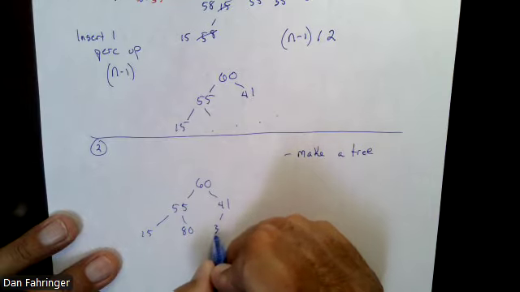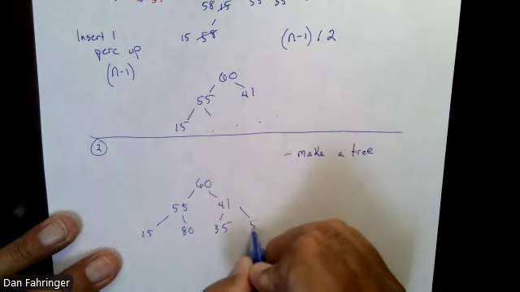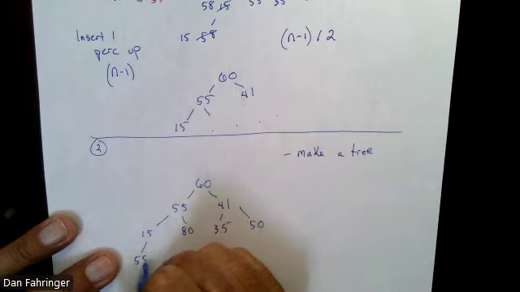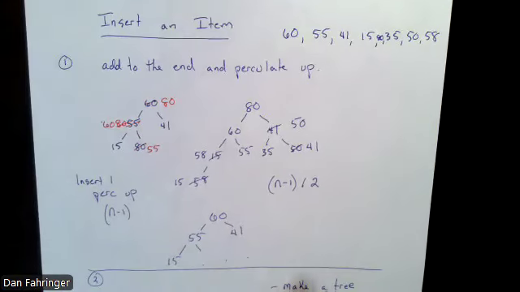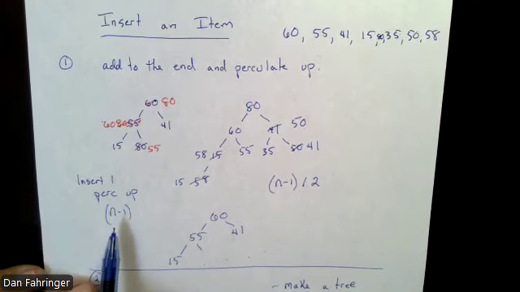Wait, I have a question. Wouldn't you technically end up potentially percolating up more than that? Like, for example, if you had 80 at the very bottom of the tree, and you had to percolate up multiple times to get it to be in the correct order. Yes, you're absolutely correct. That would be n minus one times.